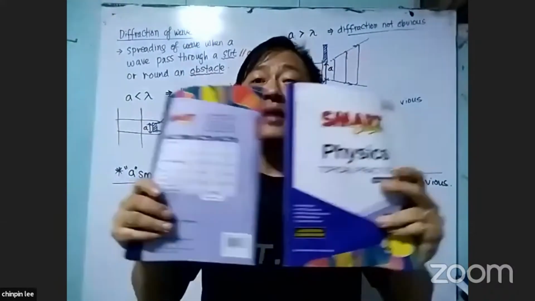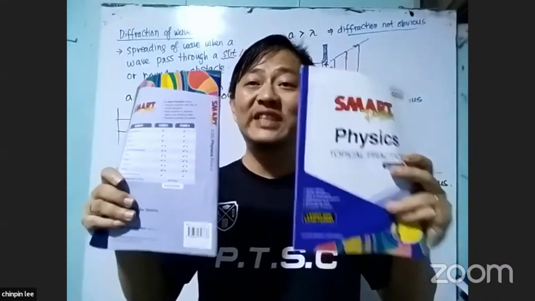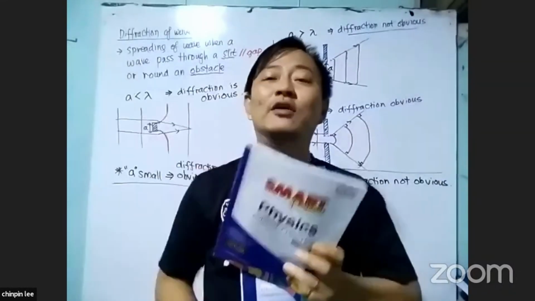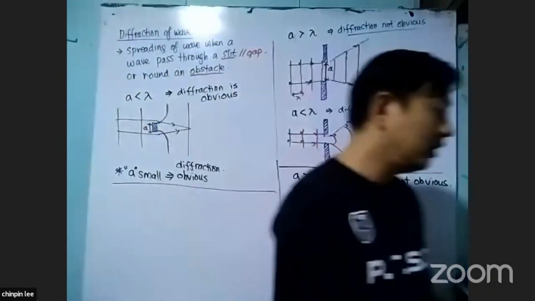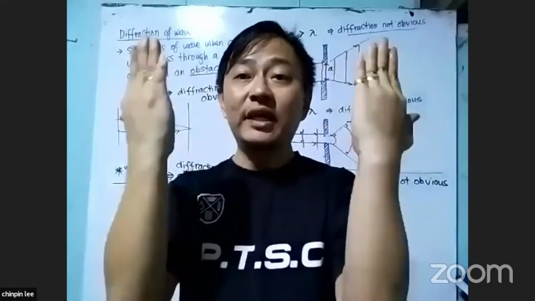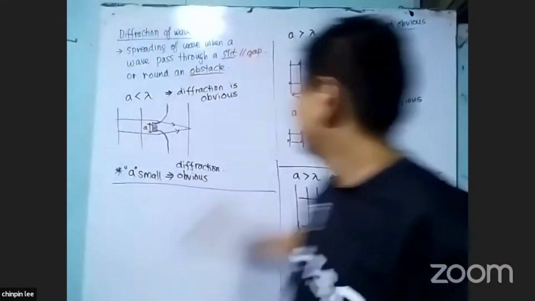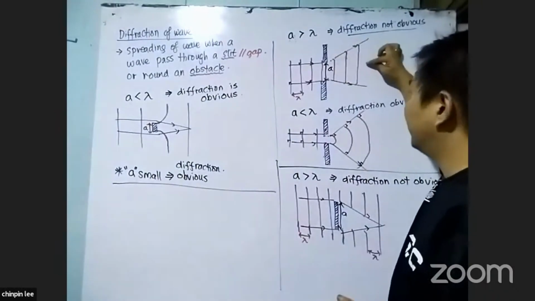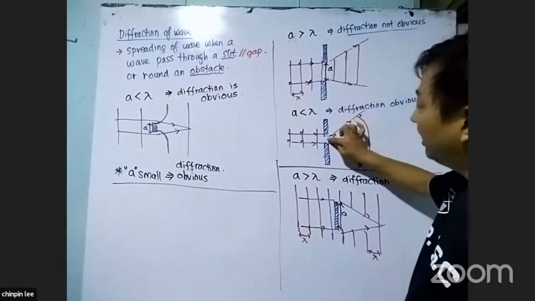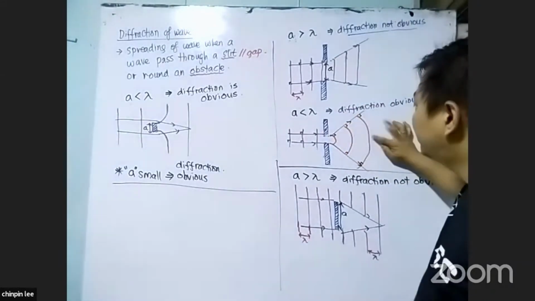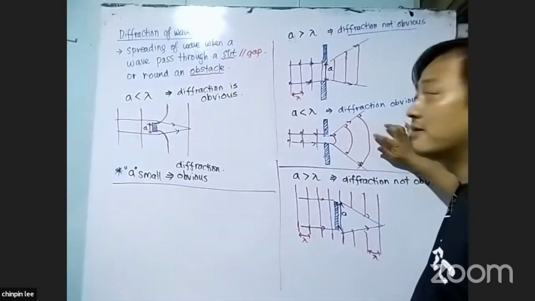But once I make the slit, the gap bigger, you will feel the wind so strong, because it focuses at you. If the opening is big, it will focus and concentrate more here. But if the opening is small, then it will spread. So here it is not that strong.